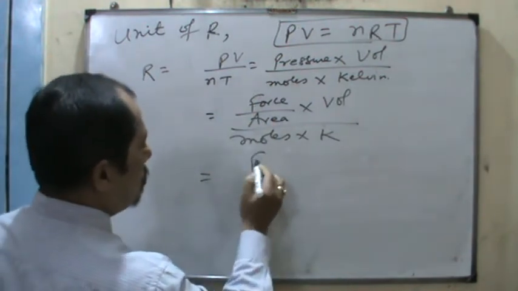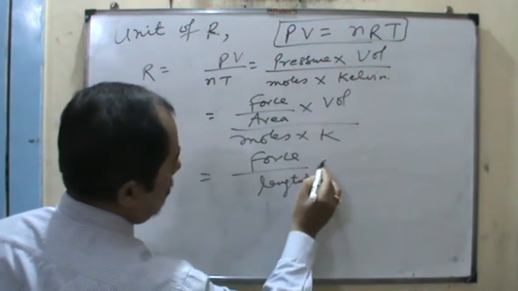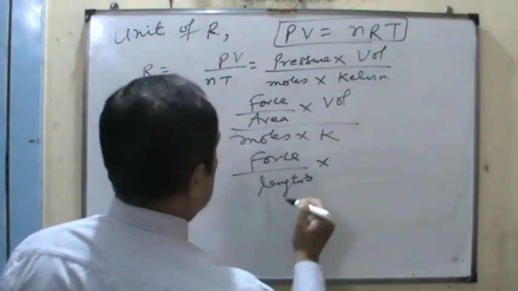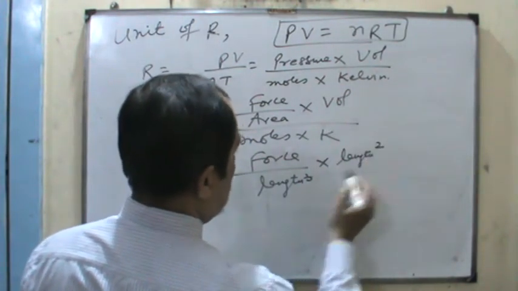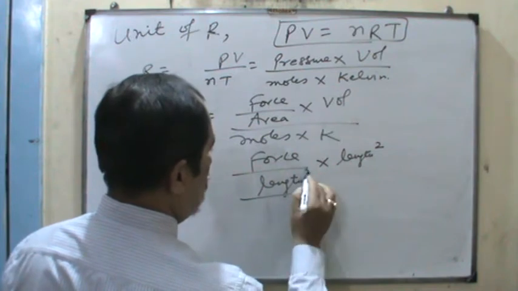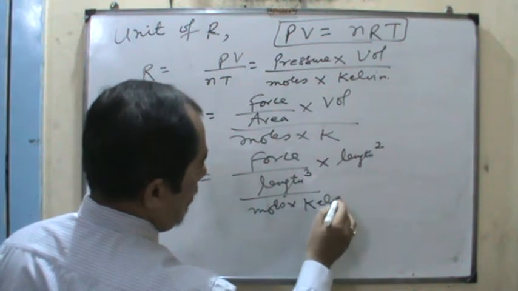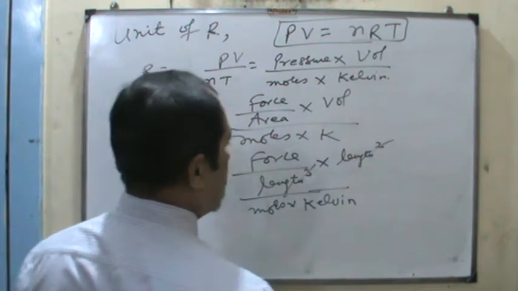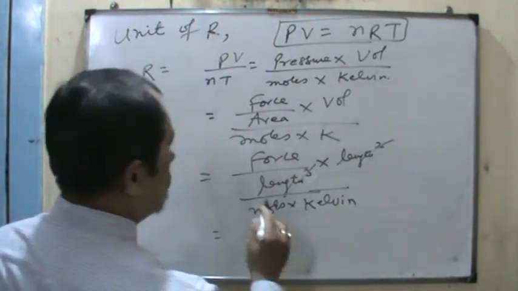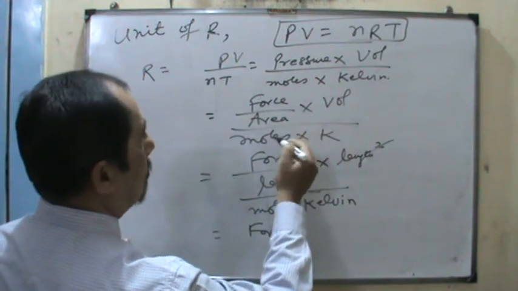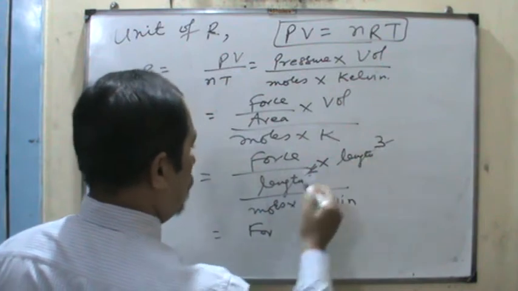Students, force upon area is the force over length squared, and volume is the length cubed. So the 3 and 2 partly cancel out.